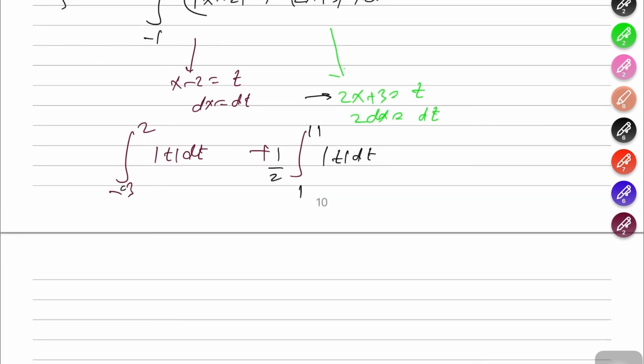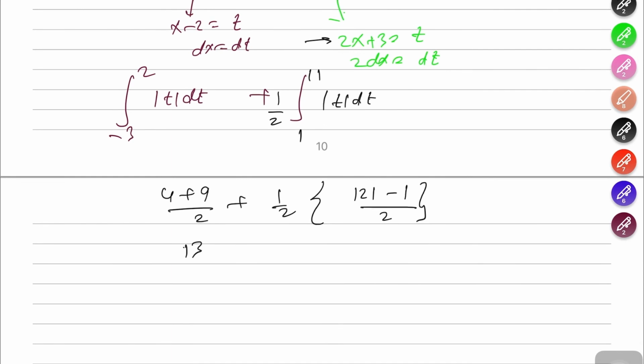Okay, now clearly here minus 3 and 2 are of opposite signs, so we can directly say it's (9 plus 4) by 2, that is 13 by 2. And what about this one? Half is already there, and in this integration 1 and 11 are of the same sign. That means 11 square, 121, minus 1 square, 1, upon 2.